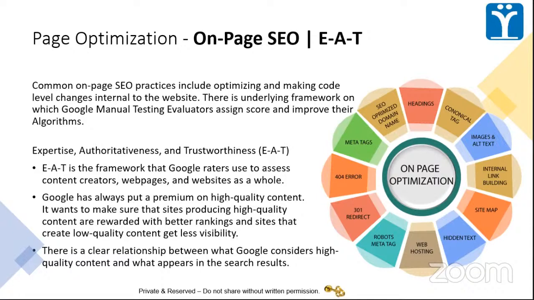So if we want to rank higher and our main intention is to get a lot of traffic through SEO, then we should start with an SEO optimized domain name. Meaning your primary business driver should be in your domain name. The way I created indiandigitalguru.com, right? So this is the first one.